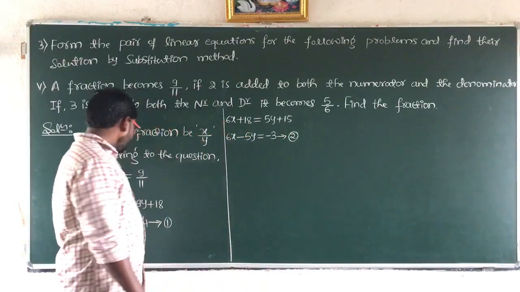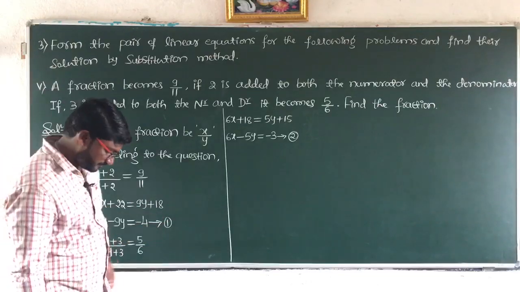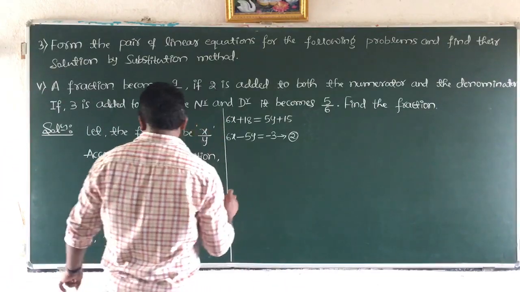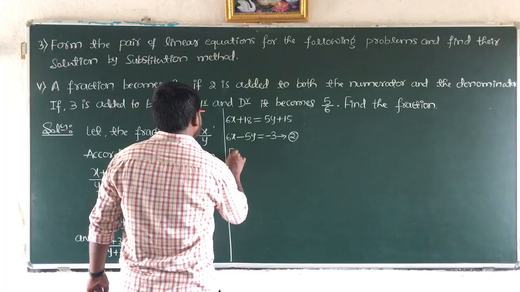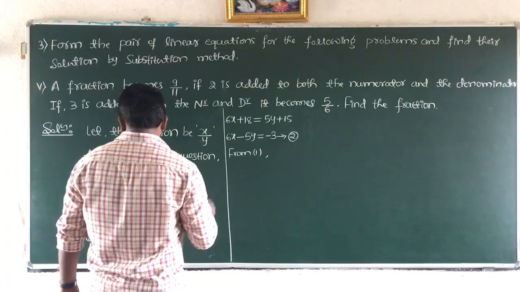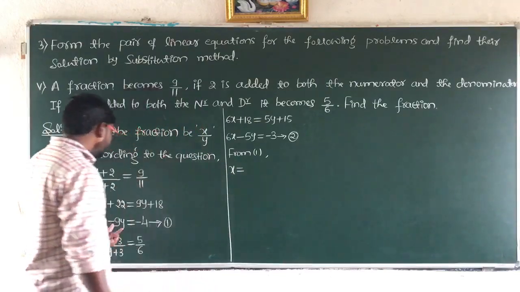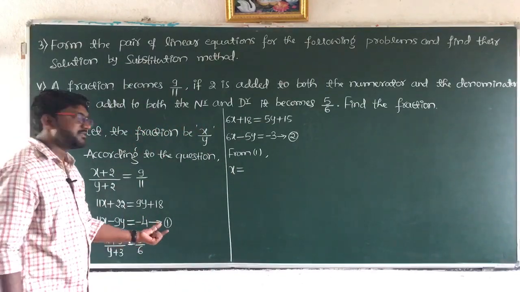Now from equation 1, separate the x term or y term. I will be separating the x term now. From equation 1, x is equal to, take minus 9y to the RHS, it becomes plus 9y.